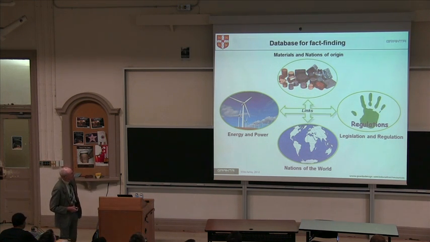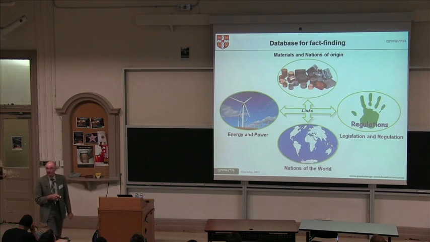Now, these data tables, they're like little databases, are linked to each other, so that if you have a material and you know where it comes from, you can look at the record of the country from which it comes. Some of you may have heard of the Dodd-Frank Act in the United States, for instance, which prohibits the use of materials that come from conflict nations, nations where conflicts are going on.